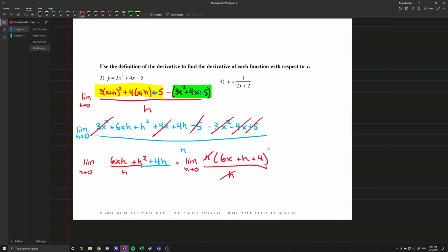So then we have the limit as h approaches 0 of 6x plus 3h plus 4. If we just make h equal to 0, we just get 6x plus 4. And that is the derivative. Yeah, that should be 3h squared. It's not going to matter a whole lot because it's going to go to 0. But you are right, there should be 3's in front.